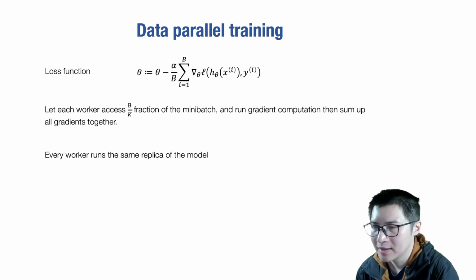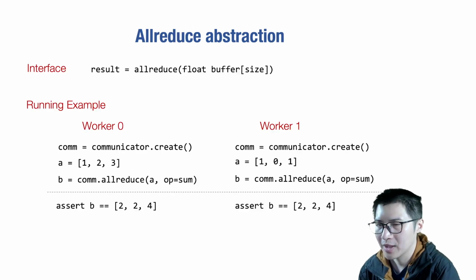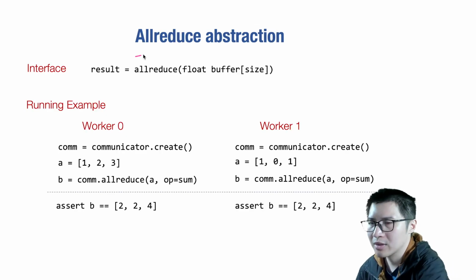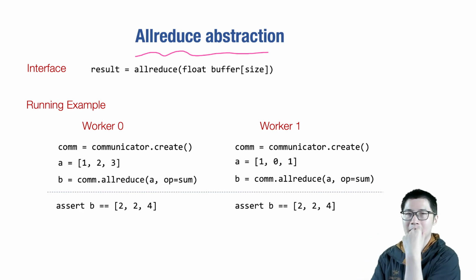Okay. So in order to run this data parallel training, there's one particular abstraction that's going to be quite useful, called Allreduce. Allreduce is a quite old API. It was invented in the high performance computing community, and it's still popular in the machine learning community as well.